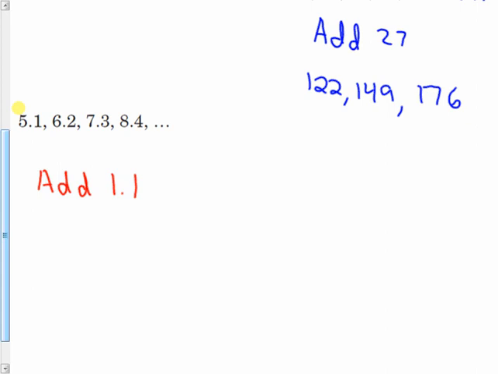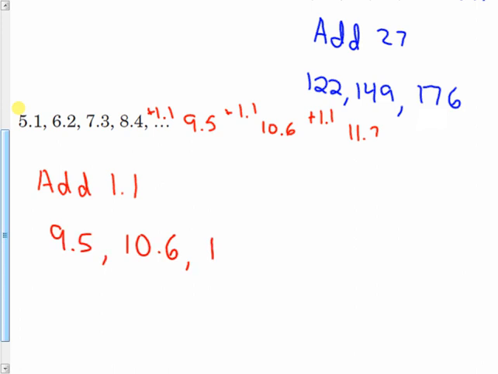So I can use that to say 8.4 plus 1.1 is 9.5, and 9.5 plus 1.1 is 10.6, and finally plus 1.1 one more time is 11.7. So my next three numbers should be 9 and 5 tenths, 10 and 6 tenths, and 11 and 7 tenths.